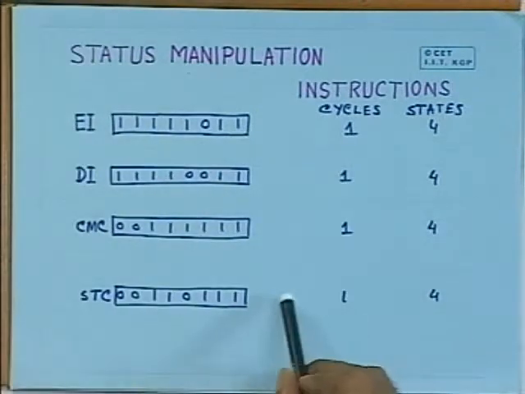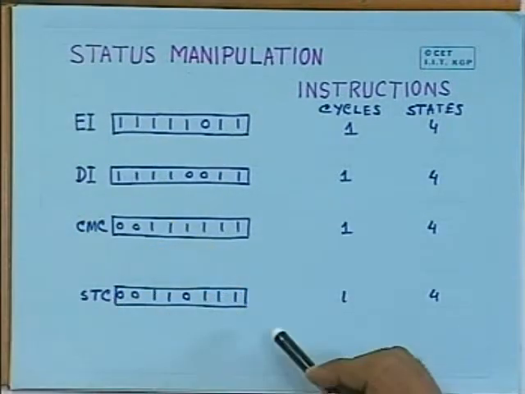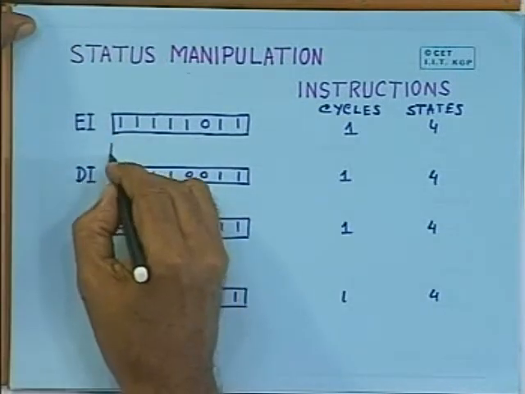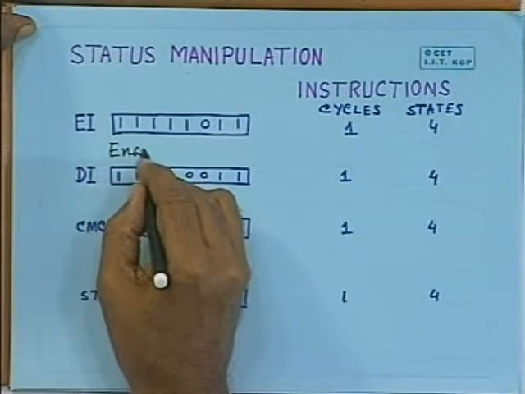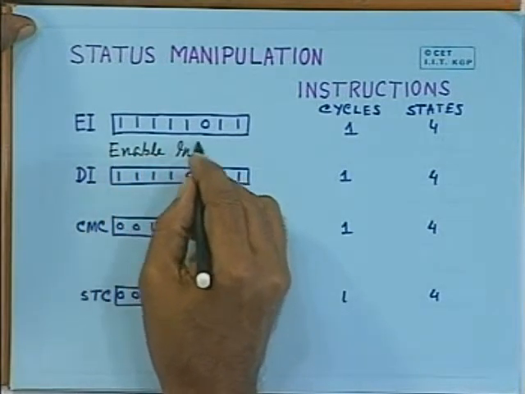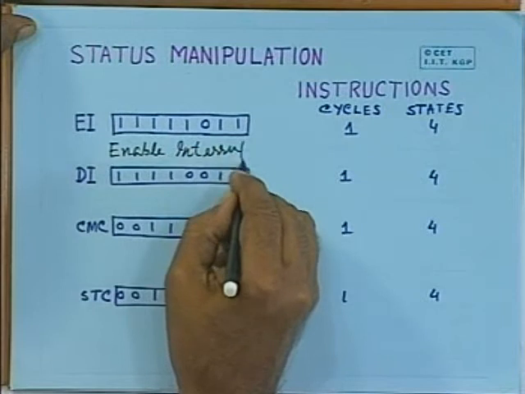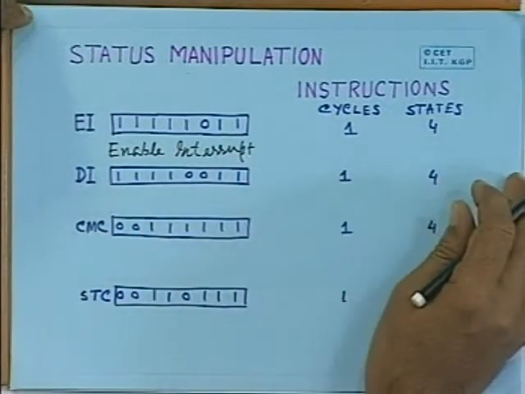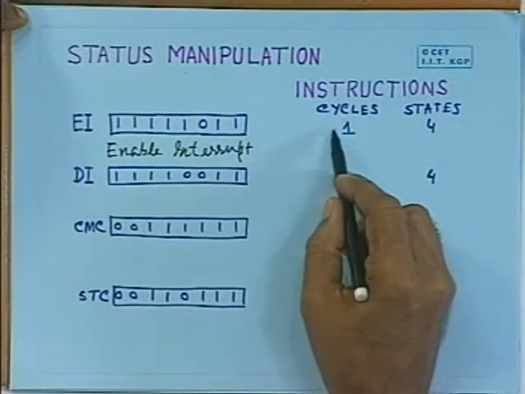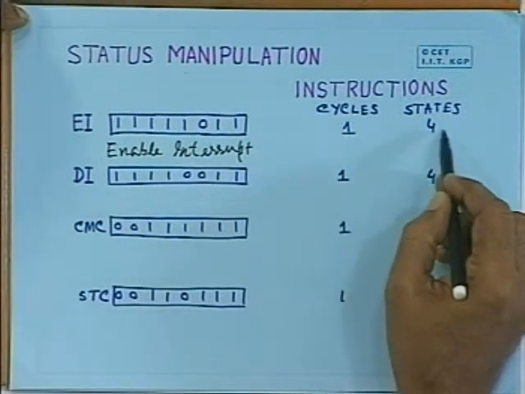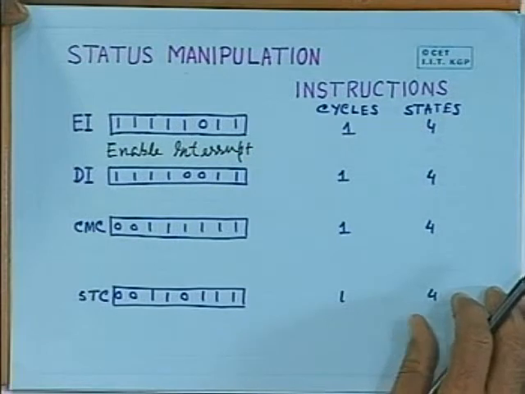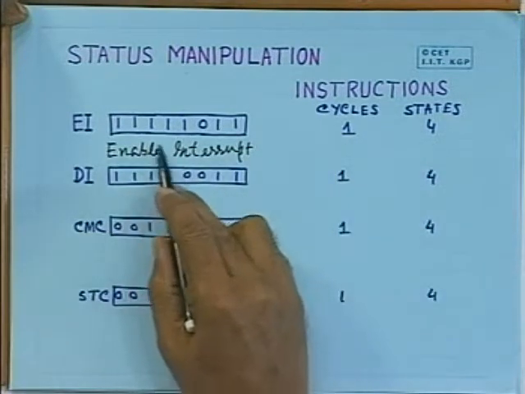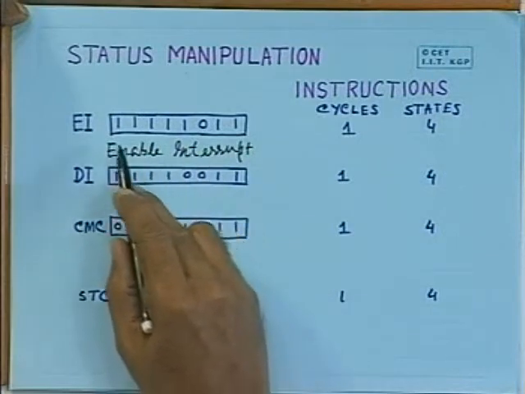In this context, there are 4 such instructions: EI, enable interrupt, and whenever an enable interrupt is executed, which takes 1 machine cycle or 4 states or 4 clock cycles, the interrupt is enabled.